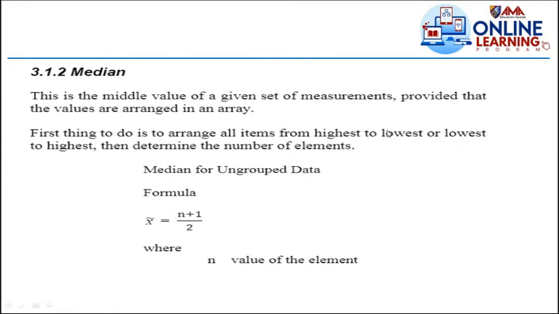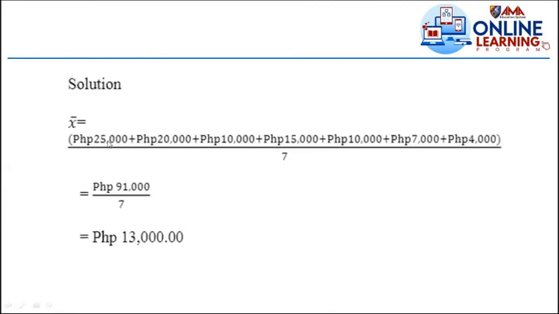So the median for ungrouped data, this is our formula, x tilde is equal to n plus 1 all over 2, where n is the number of elements. So the difference between mean and median is that in the mean, we add all of the data sets without any arrangement.